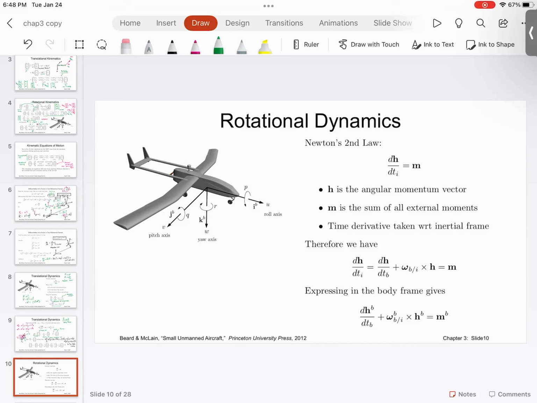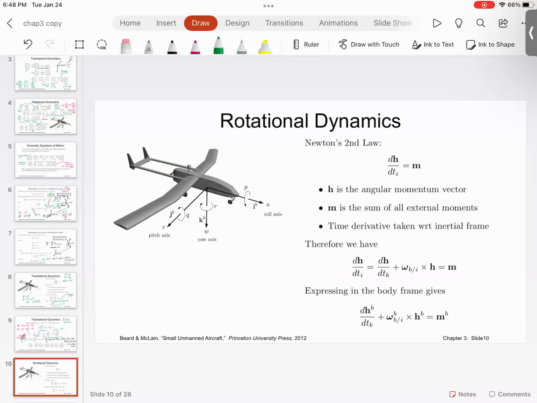However, there is a caveat. This equation is only valid when you apply it about the center of gravity. It is not valid at some random location. So the rate of change of linear momentum is equal to force, and the rate of change of angular momentum is equal to torque.